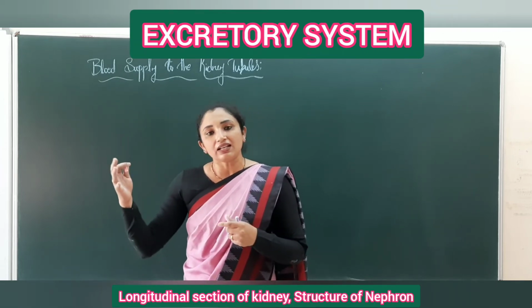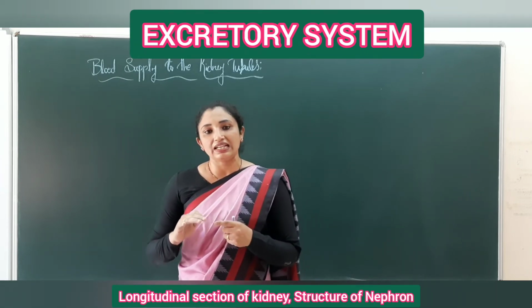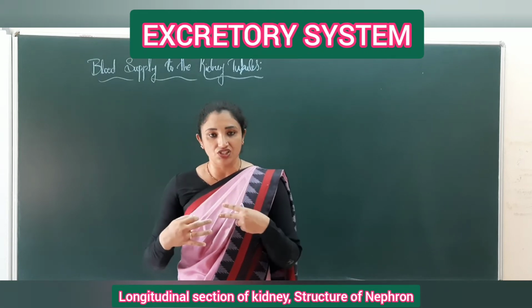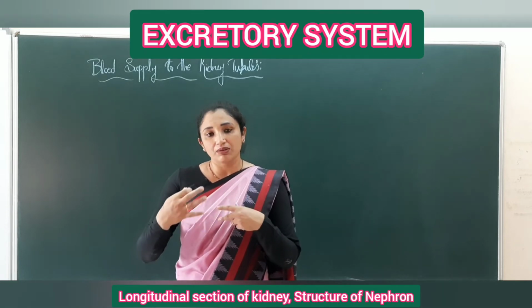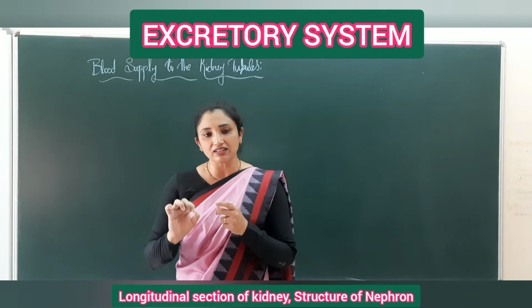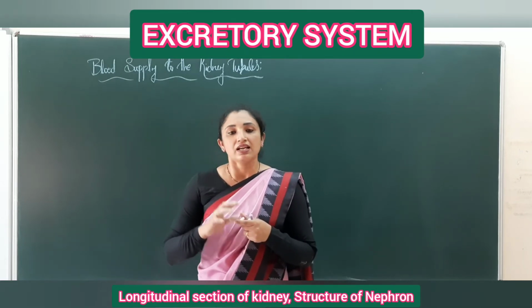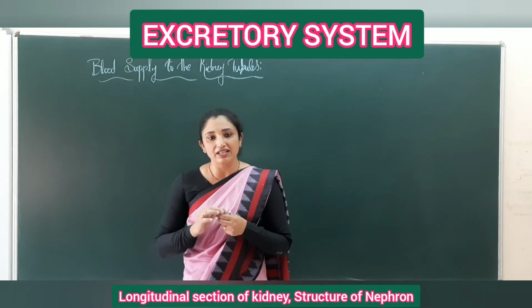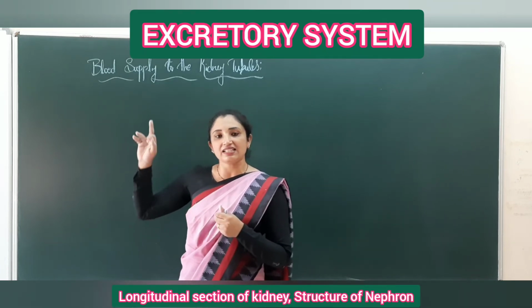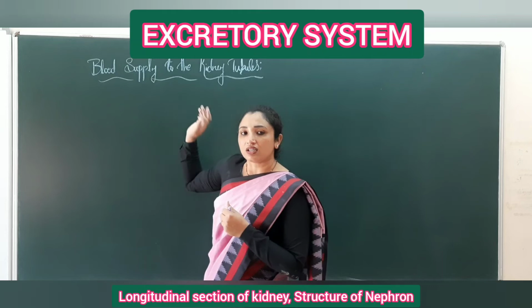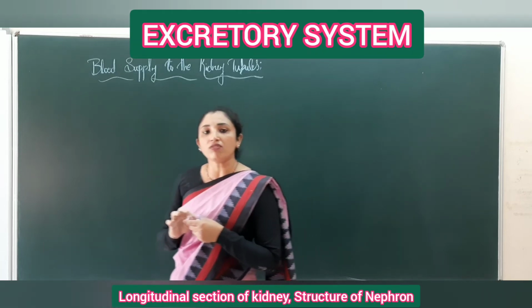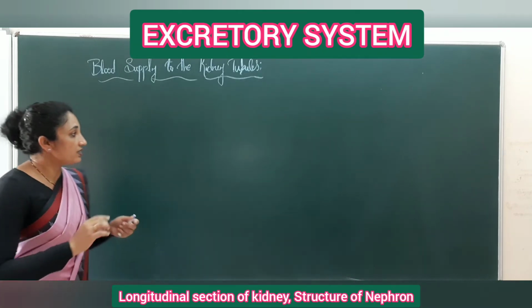Once the renal artery enters the kidney, it starts to branch, rebranch, and forms fine thread-like capillaries. And you already know what capillaries are. So it forms the capillaries, and these capillaries enter into the nephron in the form of glomerulus.